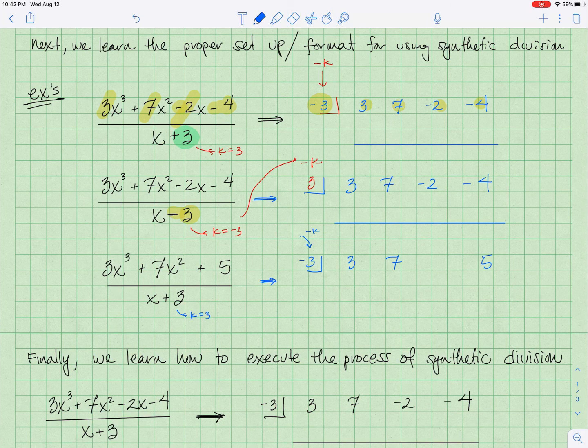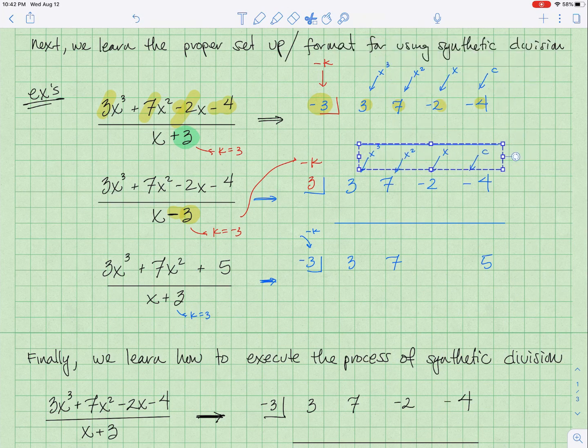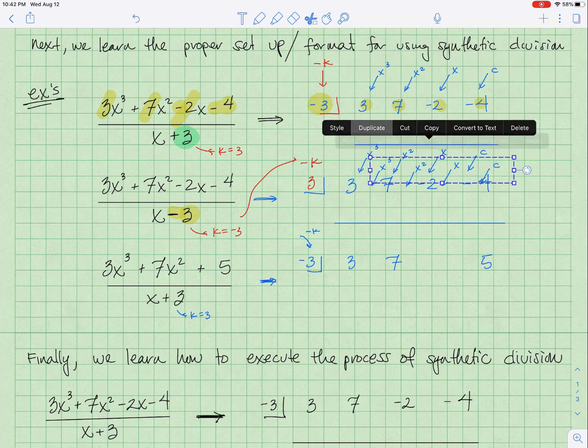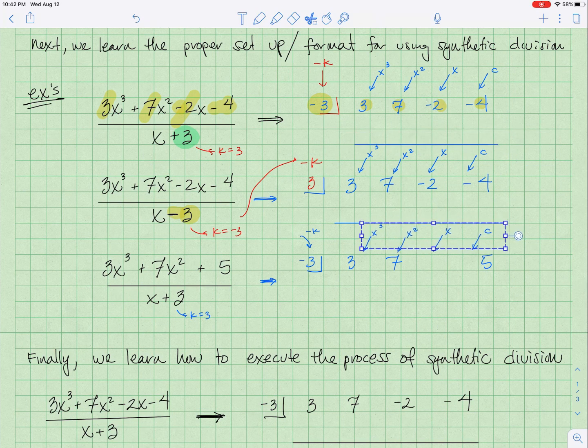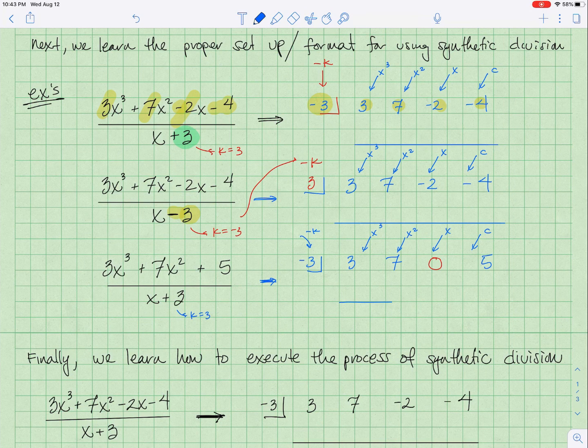In columns, this is the x cubed position, this is the x squared position, this is the x position, and this is the constant position. The same is true in the example below, and the same should be true here as well. So what do we need? Just like we talked about before, we need a placeholder. If you don't have a placeholder here, you're going to run into some serious trouble when you're trying to perform this synthetic division. So that's a big deal for us, the placeholder.